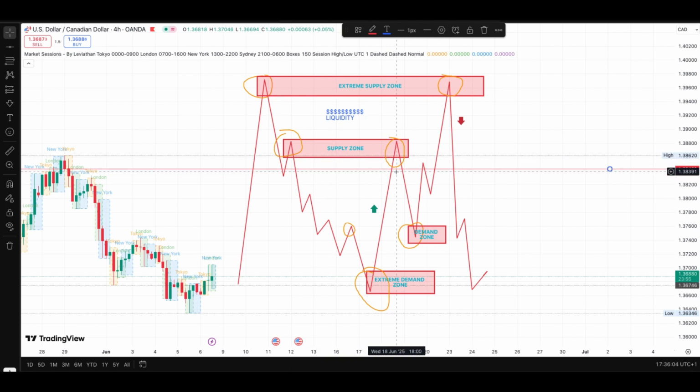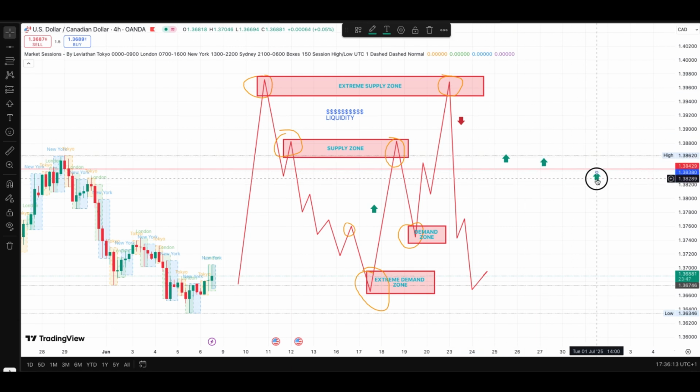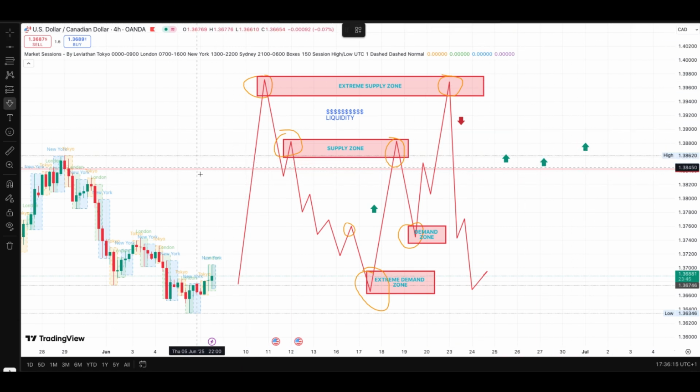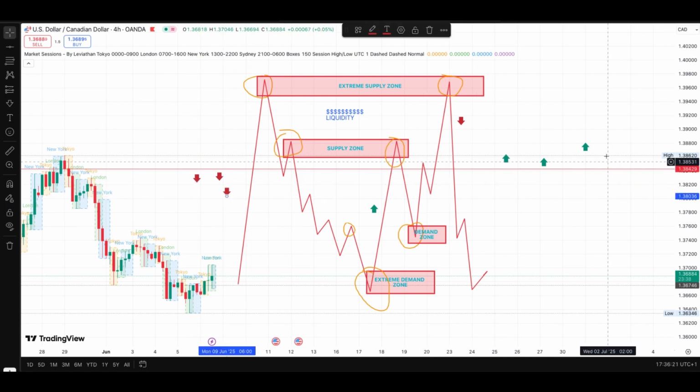From this point, you can say that, okay, at this zone, the price is actually going up. And from this side, the price is actually coming down. So you can easily divide the screen into two horizontally to just check if you're going to the downside or the upside of the chart.